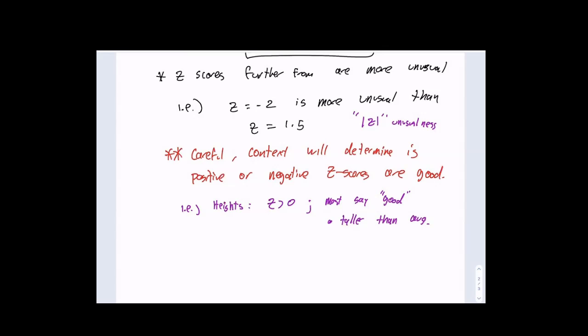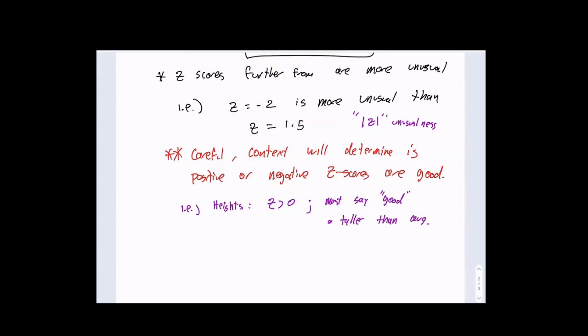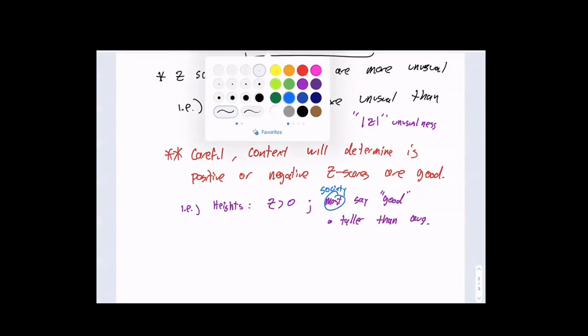Same thing goes with weight, right? For most people, most would say lower is better, but that does not mean that's what society says, right? I would like to change that word to society says good for a positive z-score here.